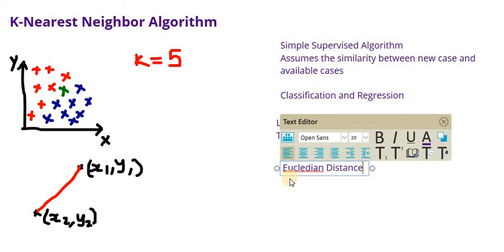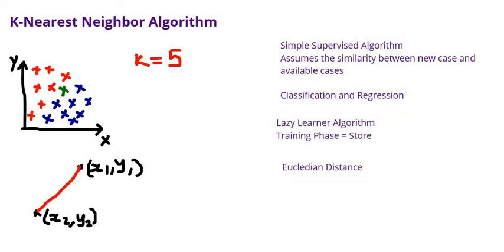Hopefully you already know about the Euclidean distance method. How do we calculate the distance between these two points using the Euclidean distance?